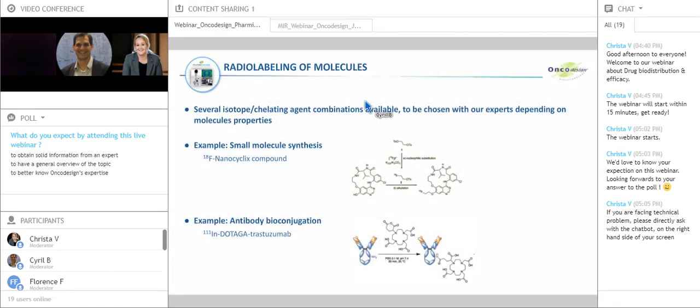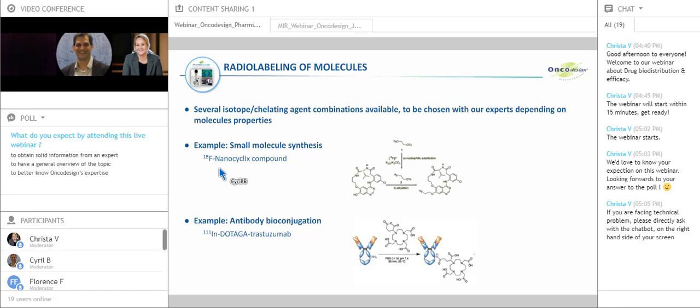There are 2 kinds of radiolabeling: one is covalent and one is bioconjugation. Here I show a very simple example for covalent binding. Fluorine is one example, but as I mentioned, carbon-14 is another one.